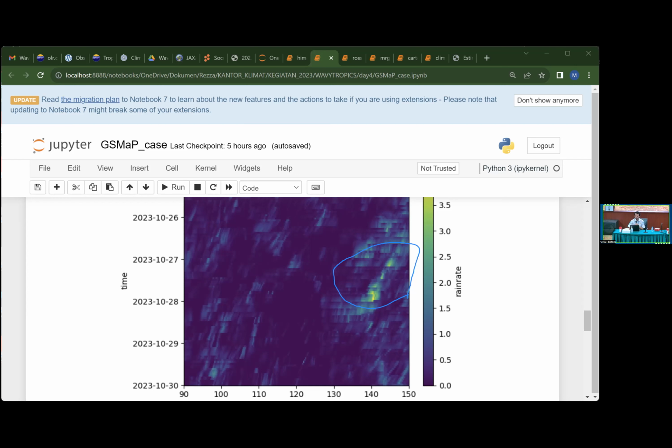Okay, and then, how do I erase, by the way? No, to erase the annotation.